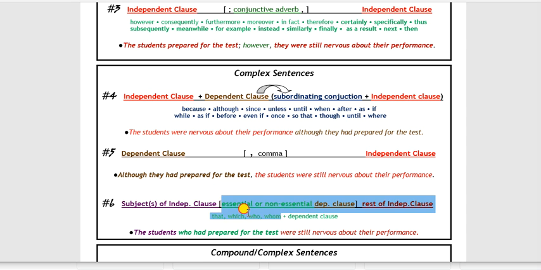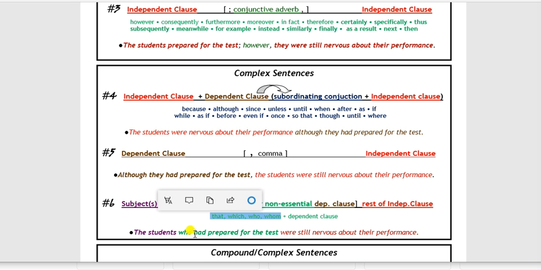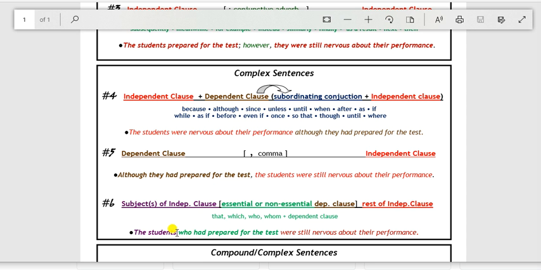It starts with one of these words, that, which, who, whom, plus your dependent clause. The students who had prepared for the test were still nervous about their performance. Notice that there is no punctuation required in the middle of this sentence. It flows off the tongue, and so we don't need any pauses or anything like that. And that's partially the function of a comma.